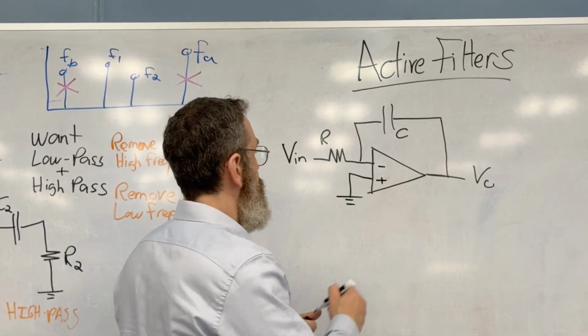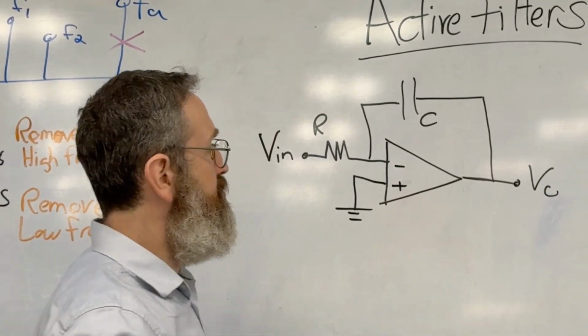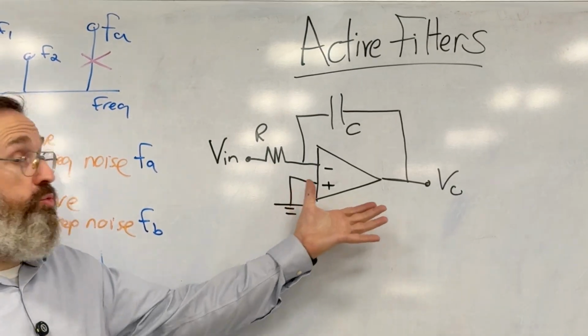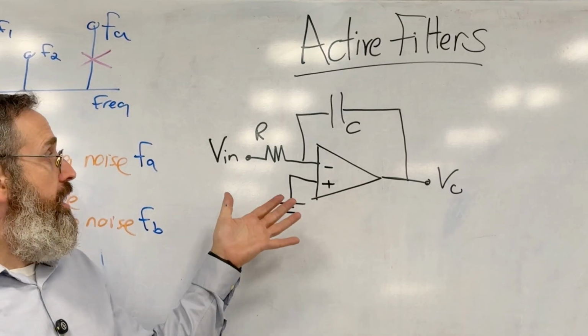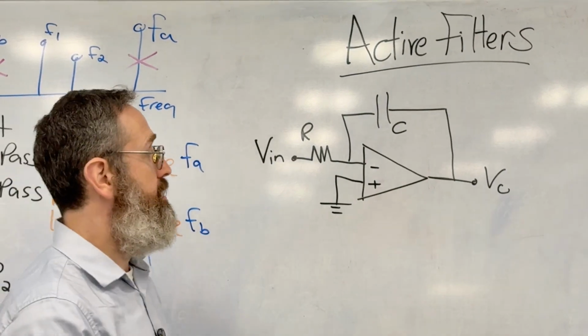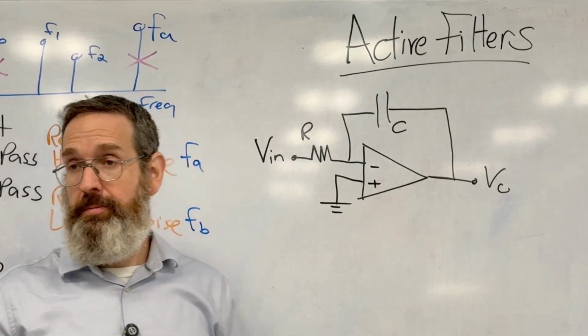We have our V in, we have our V out, and we want to understand what this circuit does. The approach that we can use is the approach that I've gone through so far, around sinusoidal steady-state analysis. So we can apply sinusoidal steady-state analysis to solve this circuit.